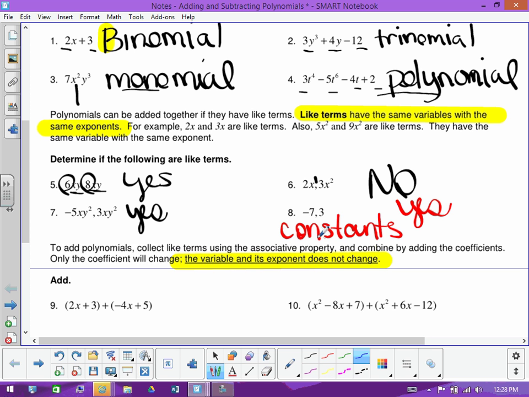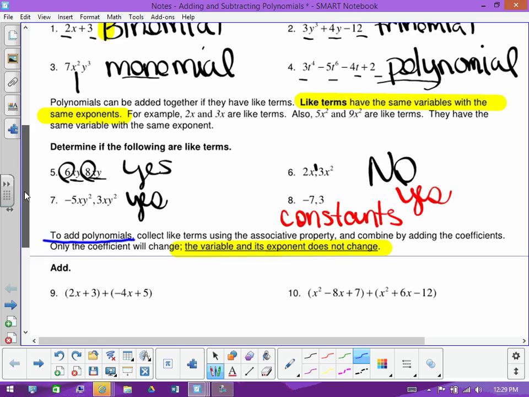If you're multiplying, keep the base, add the exponent. If you're dividing, keep the base, subtract the exponent. We're not doing that. We are adding polynomials together, which means you have 3 of them here, 5 of them here, so you have 8 of them. Whatever the term is, you keep it.